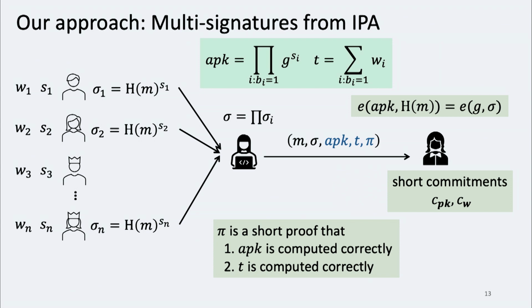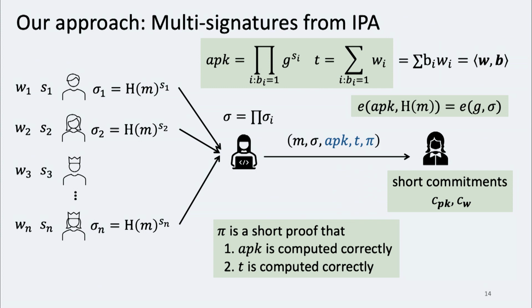I said inner product arguments quite a few times. What do I mean by that? Notice that on the right-hand side, we have this combined weight T that's a summation of individual weights. That can be written as a summation of Bi, Wi. So that is the inner product between two vectors, between the bit vector indicating who signed and the weight vector.